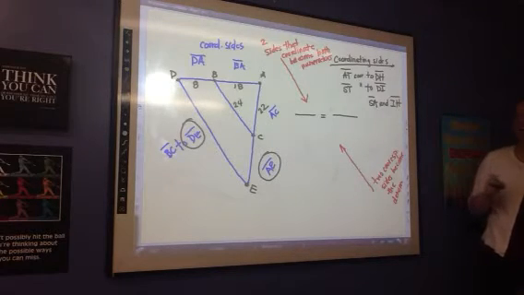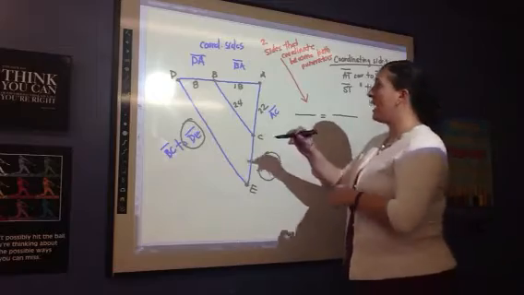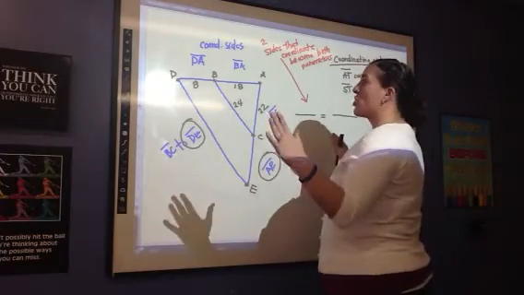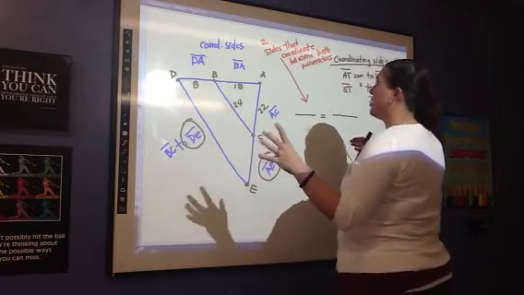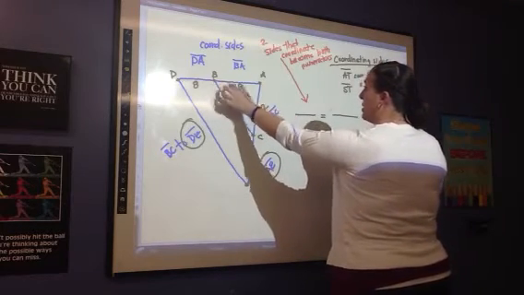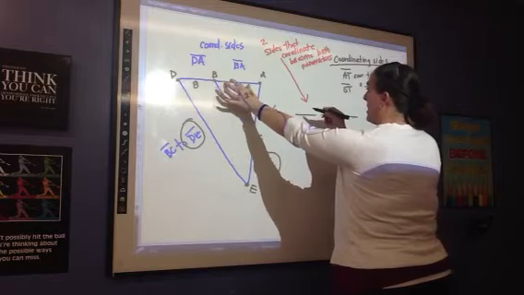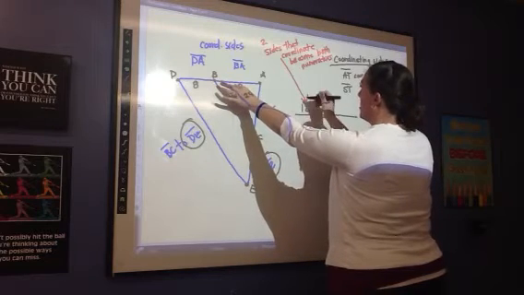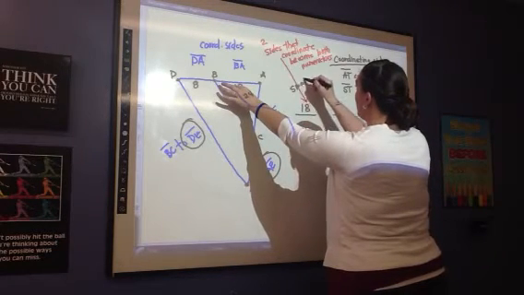What is one pair of sides that you already know both measurements? DA and BA. Okay, so we're going to start there. We're going to start with each pair themselves. So I already know BA. BA is 18. So here's the first side. I'm going to do the smaller figure here.